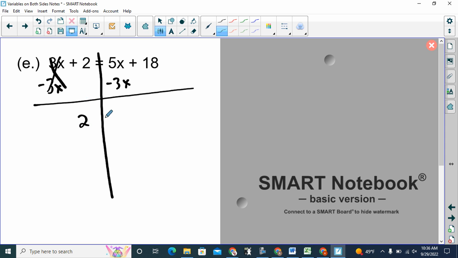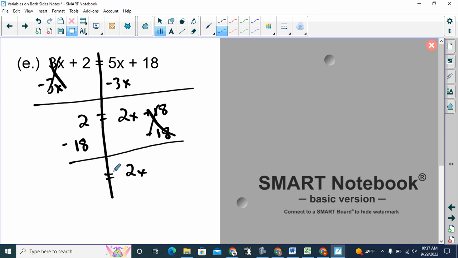Bring down my 2. 5x minus 3x gives me 2x. And we have a 2-step equation. 2 minus 18 is negative 16. Divide both sides by 2, and I get x equals negative 8.